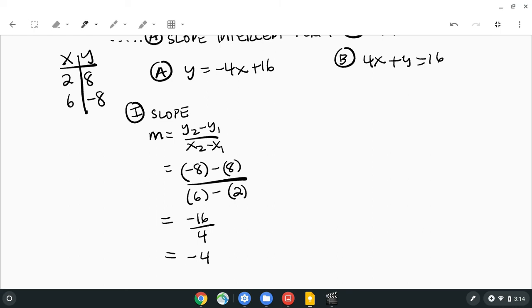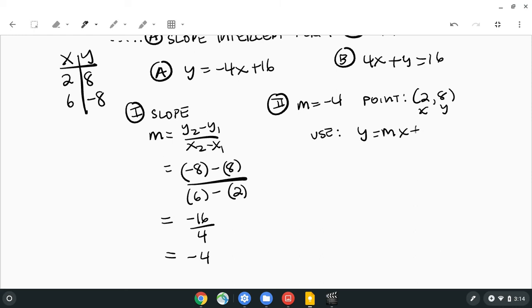All right, so now we're going to go ahead and choose a point. Okay, so we know m is -4. We need an x and a y. Again, it doesn't matter which point you use. I'm going to use the first point, 2, 8. So this is now my x and my y. Okay, so now I'm going to use y equals mx plus b to solve for b. I'm going to plug in for y, m, and x.